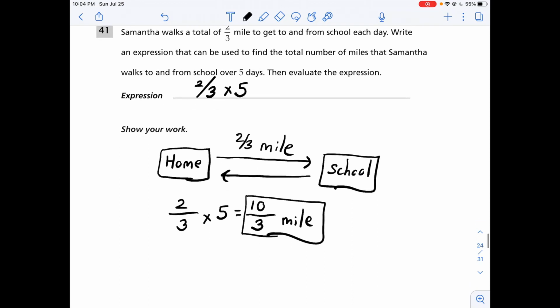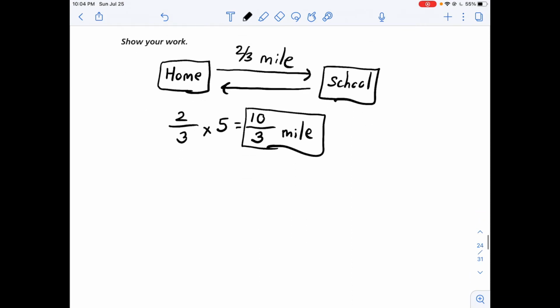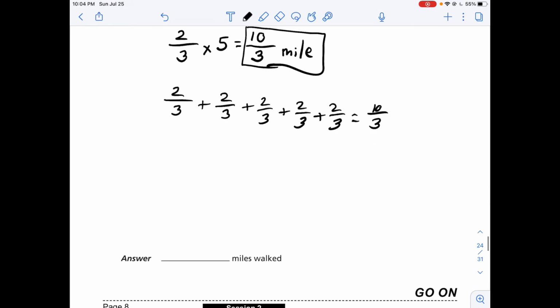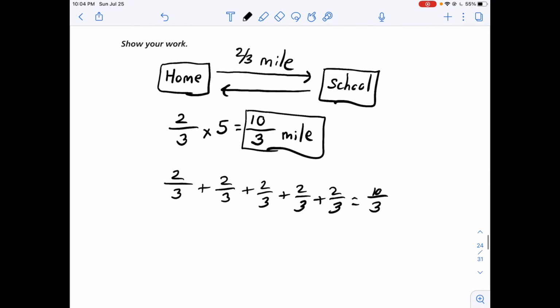We can show this another way as well. We can do it as 2/3 plus 2/3 plus 2/3 plus 2/3 plus 2/3, which equals 10/3. Okay? So the answer is 10/3 miles walked. And we can leave the answer as an improper fraction.